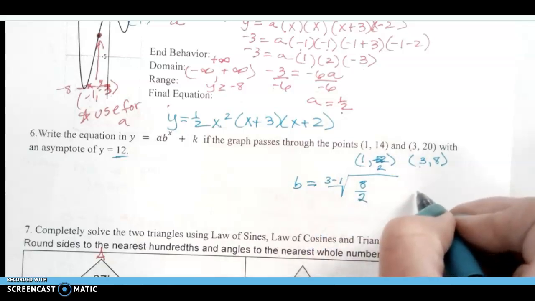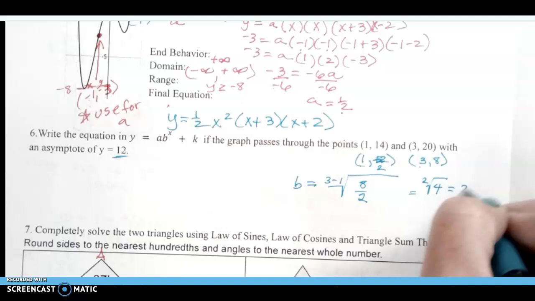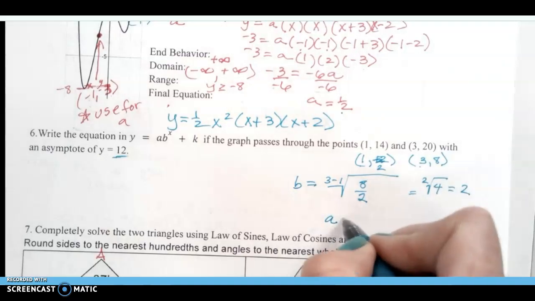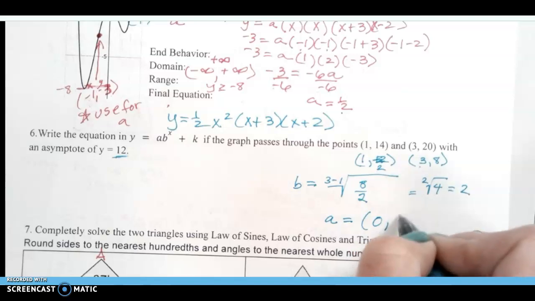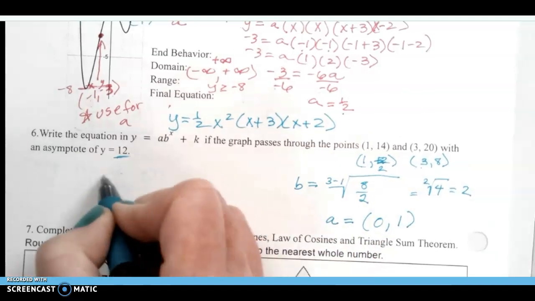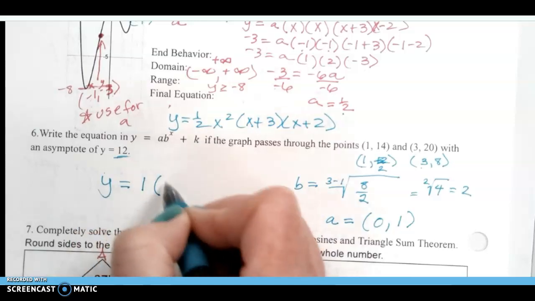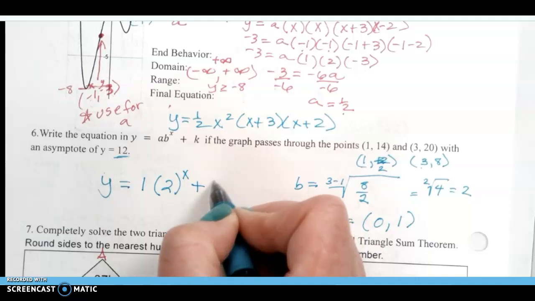We've got the square root of 4, second root of 4, which is just 2. So that's our b value. Our starting value is going to be (0, 1). So our equation is going to be y equals 1 times 2 to the power of x plus our k, which is 12.